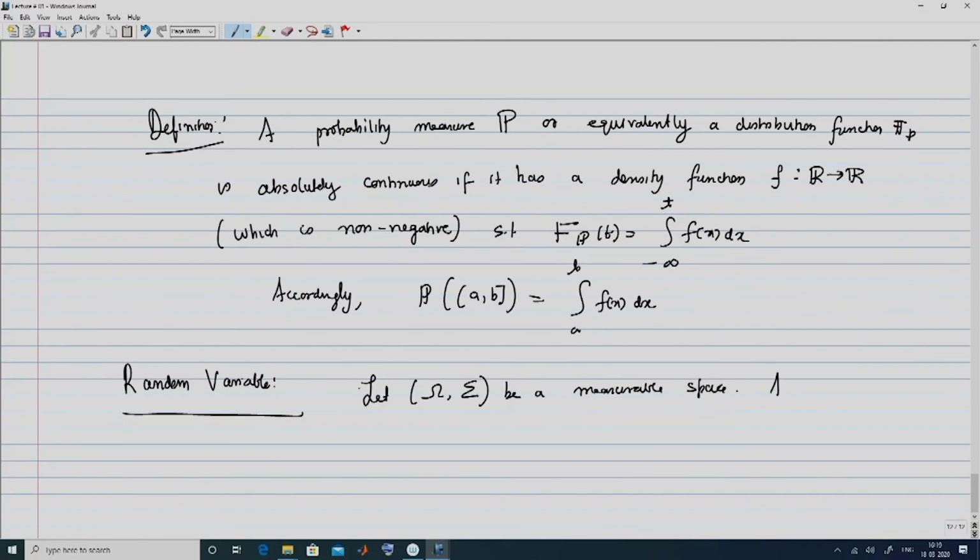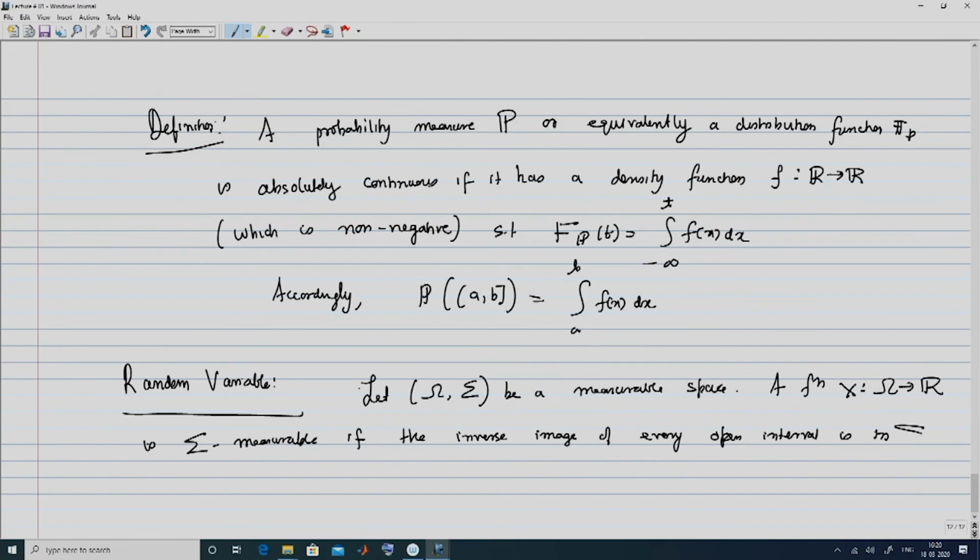A function X from omega to R, that is a real valued function defined on the sample space omega, is said to be sigma measurable if the inverse image of every open interval in R is in sigma.